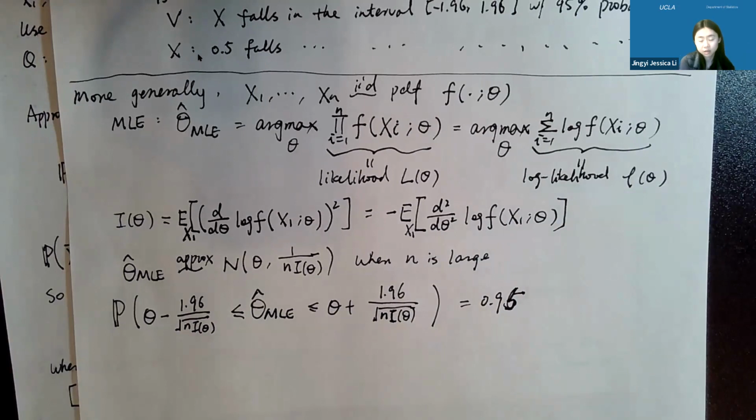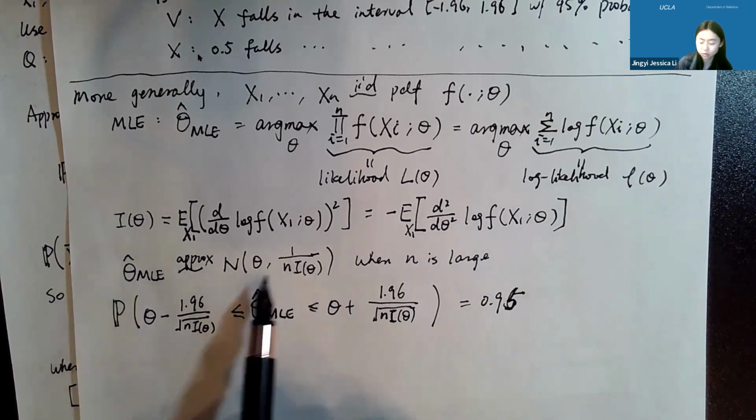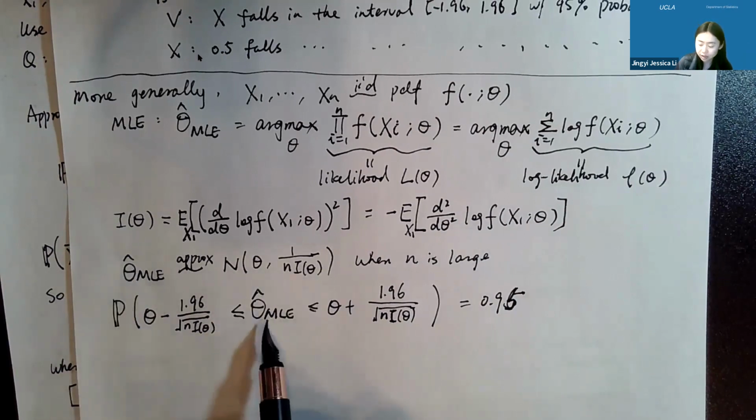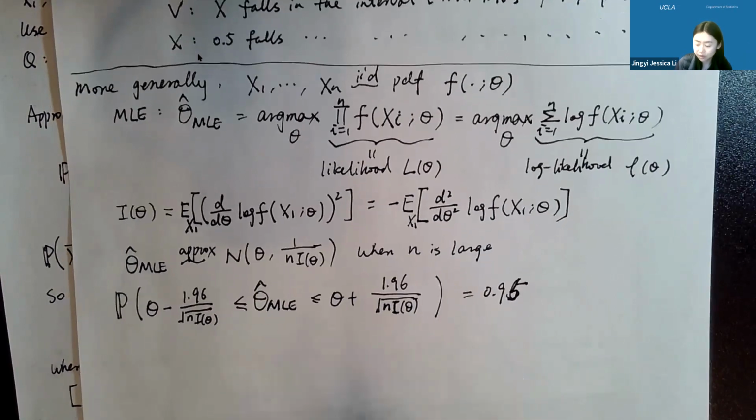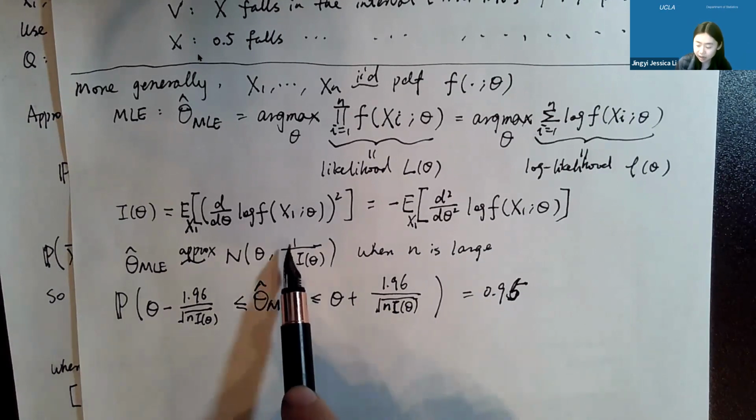Still, we're using that normal distribution property. Given that this random variable follows this normal distribution, it falls within these two limits with this probability, and the two limits are defined as the normal mean plus or minus 1.96 times the normal standard deviation, here 1 over root n times I(theta).